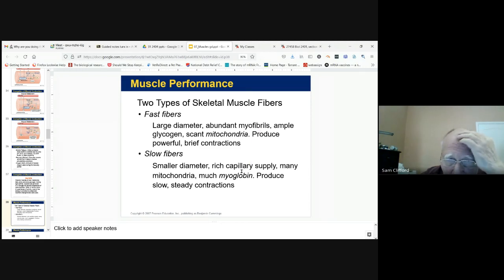And these slow fibers need a rich capillary supply because they're going to have slow, steady contractions that are going to use up a lot of ATP, and they're going to need more oxygen to recover.